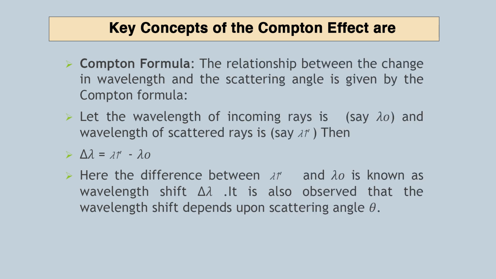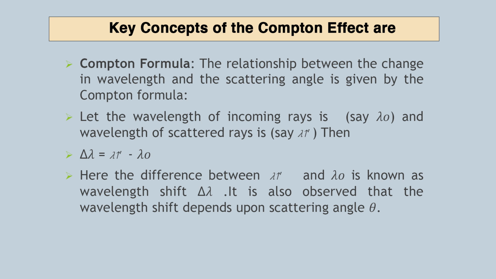The third key concept is the Compton formula. The relationship between the change in wavelength and the scattering angle is given by the Compton formula. Let the wavelength of incoming rays be lambda 0 and the wavelength of scattered rays be lambda dash.